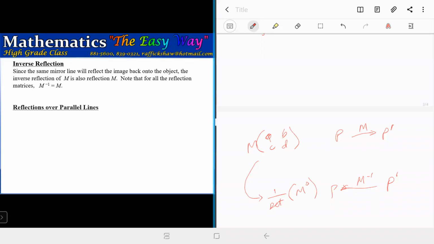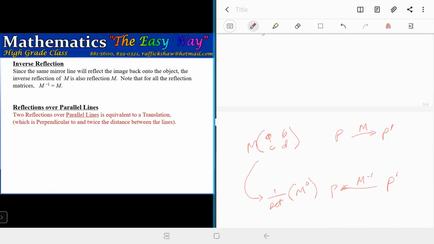So the last thing I want to finish off with now is reflection over parallel lines. Two reflections over parallel lines. This is one of the things that you must know. Two reflections over parallel lines is equivalent to a translation, twice the distance between the lines.